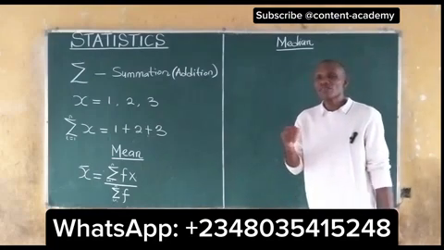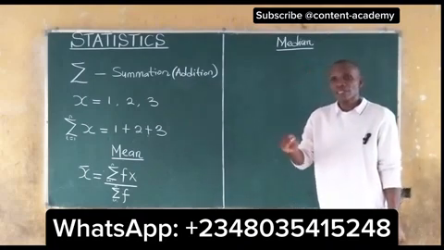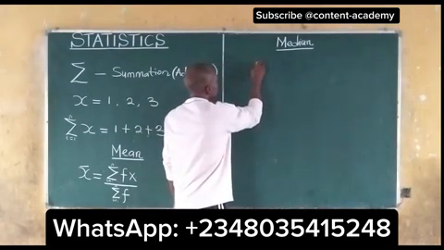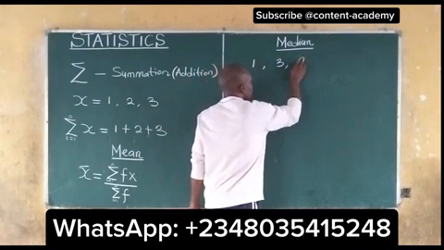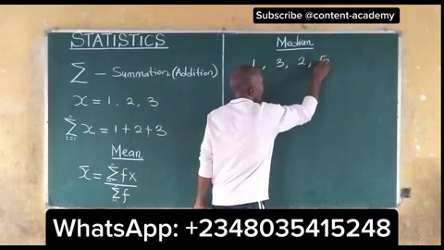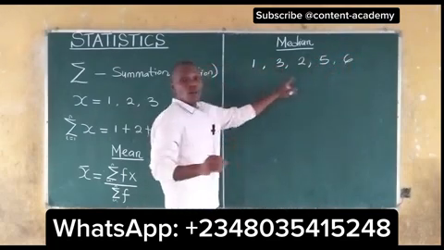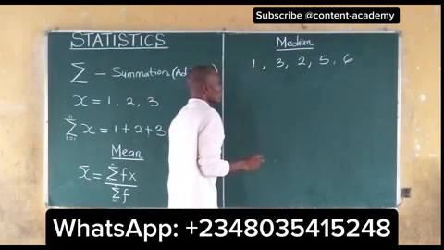But if there are even numbers, the median will now be the mean of the two middle values. What it means is that if we have, for example, 1, 3, 2, 5, and 6, of course, these are all numbers. If we count 1, 2, 3, 4, 5, this is an odd number.